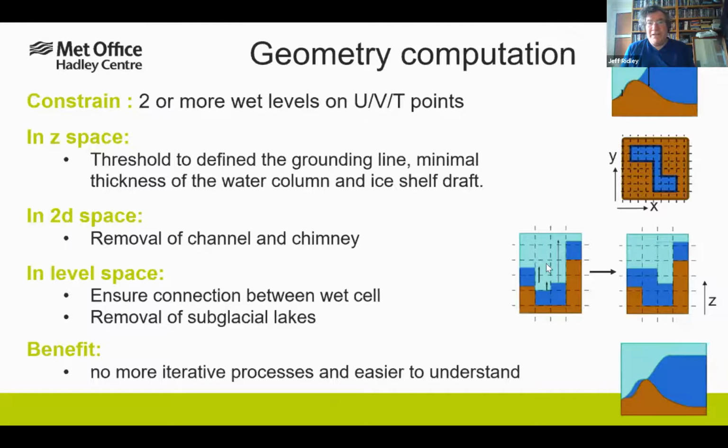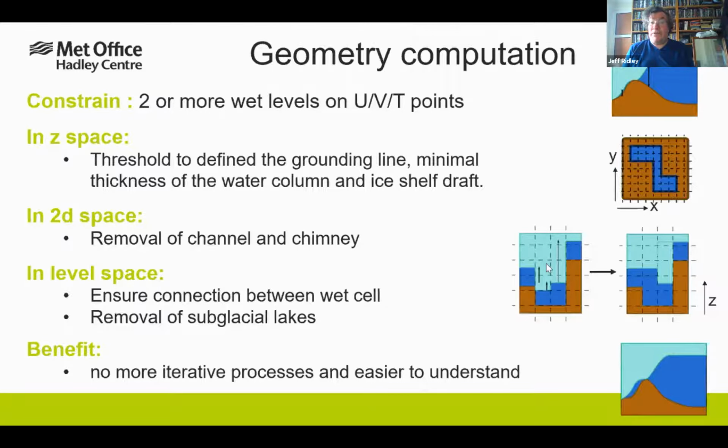That means you can be left with pockets of water in the ice shelf bottom, and you want to remove these pockets because water can't circulate in them, and anything that's only one grid cell has to be made into 2 grid cells in order to get the vertical velocity and horizontal velocity.